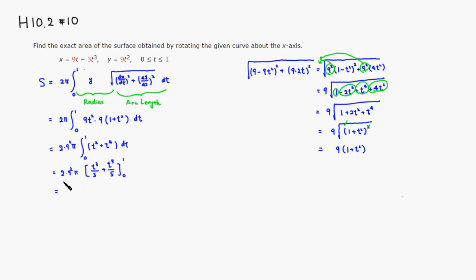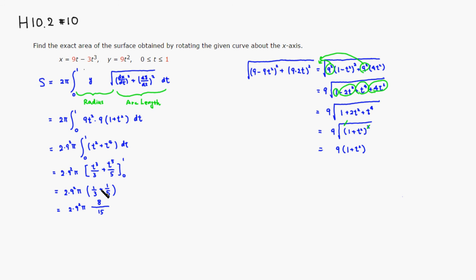Then you have 2 times 9 squared pi times 1/3 plus 1/5, minus, if you plug in 0, it's going to be 0 anyway. Taking a common denominator, that's 15, then 5 plus 3 will be 8.